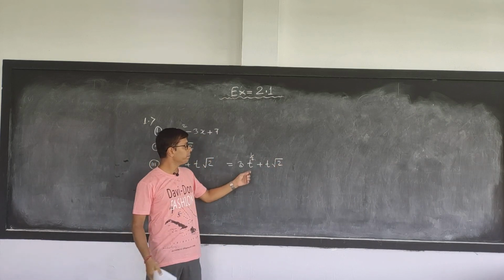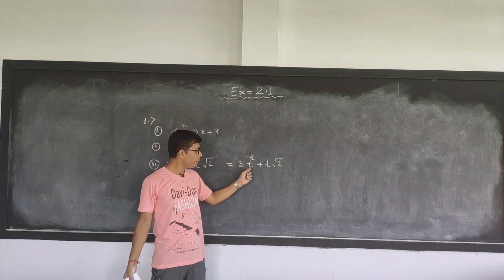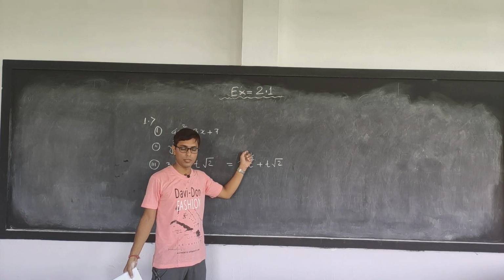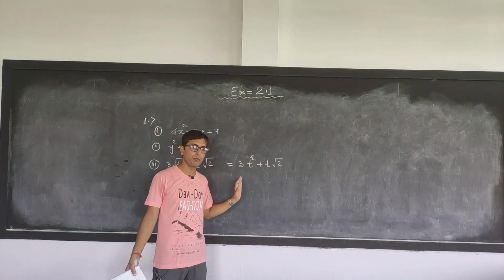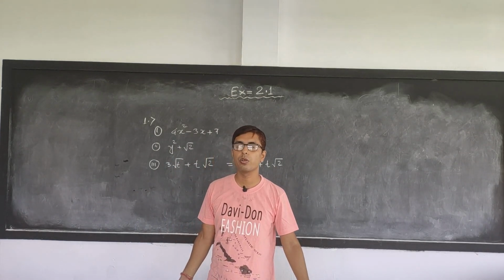So look here, the power on t is half, it's a fraction. Since a variable carries a power which is not a whole number, therefore it is not a polynomial. A polynomial carries only whole numbers as the power on the variable, right?